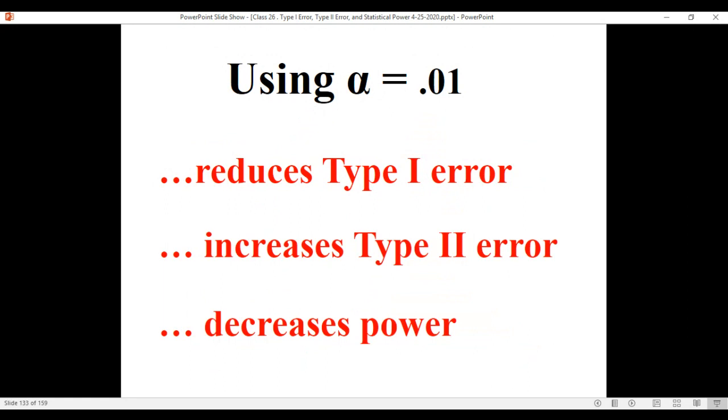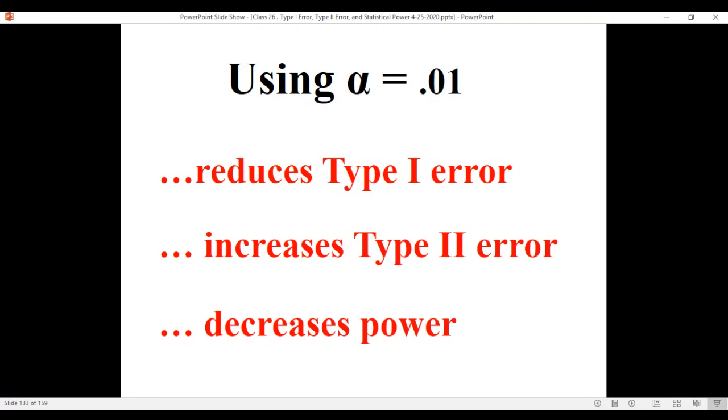Because increasing type 2 error always decreases power. Now, this is a very sad and tragic situation. What we'd like is to simultaneously reduce type 1 error and keep type 2 error small and increase power, right? We want to do all those at the same time.